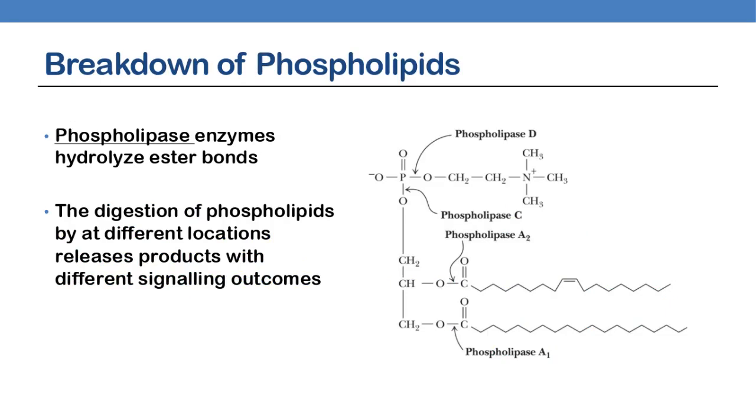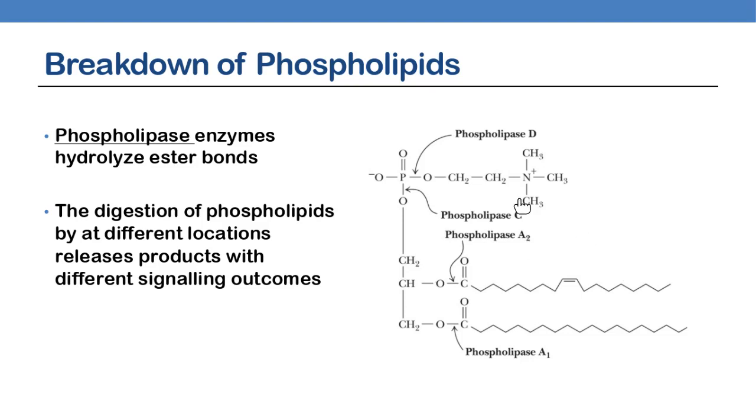So phospholipids themselves can act as signaling molecules. These are going to be broken down by phospholipases, which hydrolyze our ester bonds. Depending on which phospholipase is activated and which substrate it produces, the downstream pathways will be affected. Phospholipases A1 and A2 act at carbon 1 and carbon 2 and release the fatty acids.